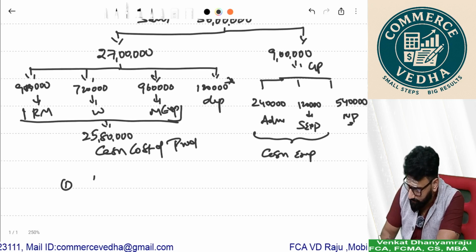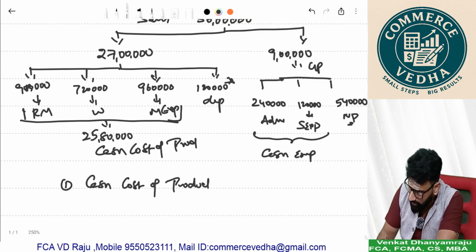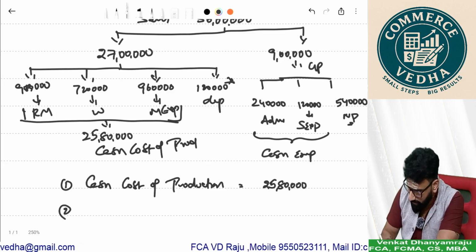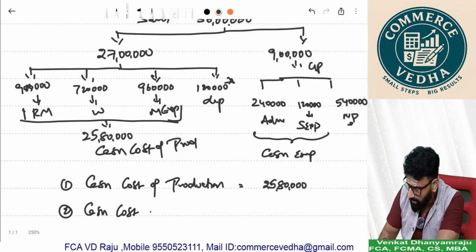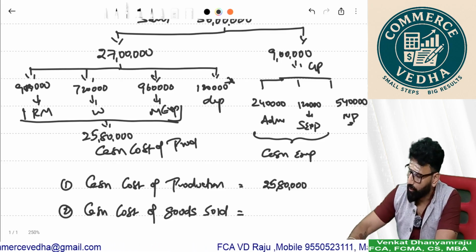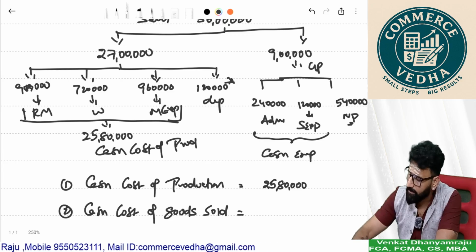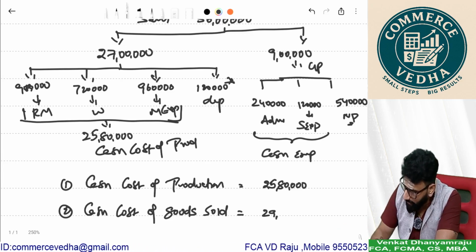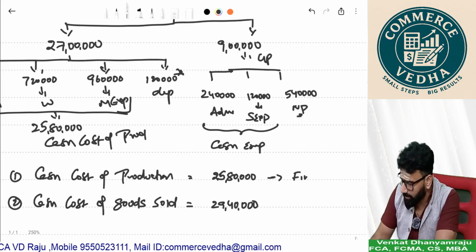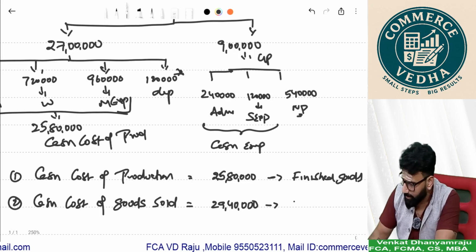Number one, cash cost of production, 25 lakhs 80,000, and cash cost of goods sold, which is 25 lakhs 80,000 plus admin cost plus selling cost, which is 29 lakhs 40,000. Now this I use for finished goods and this I use for debtors.